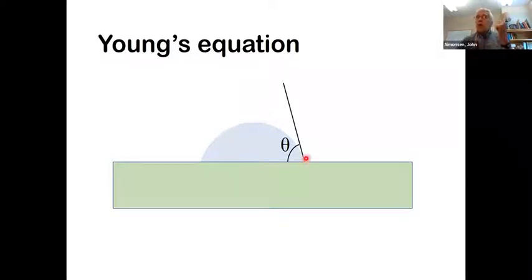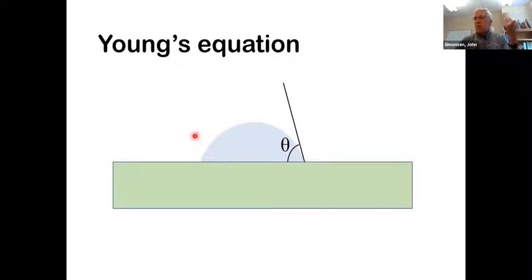When it stops spreading, depending on the liquid that you have, whether it's water or something else, and the surface, it will have some kind of contact angle. This is the definition of contact angle. You assume that it's symmetrical, so you can draw it from this side also.